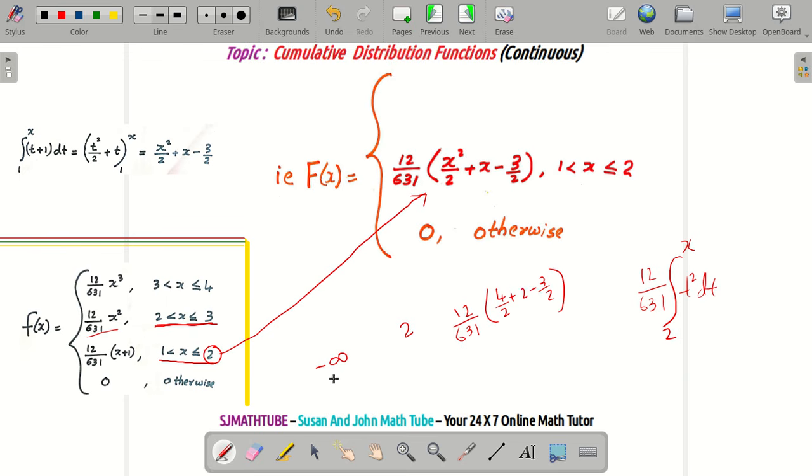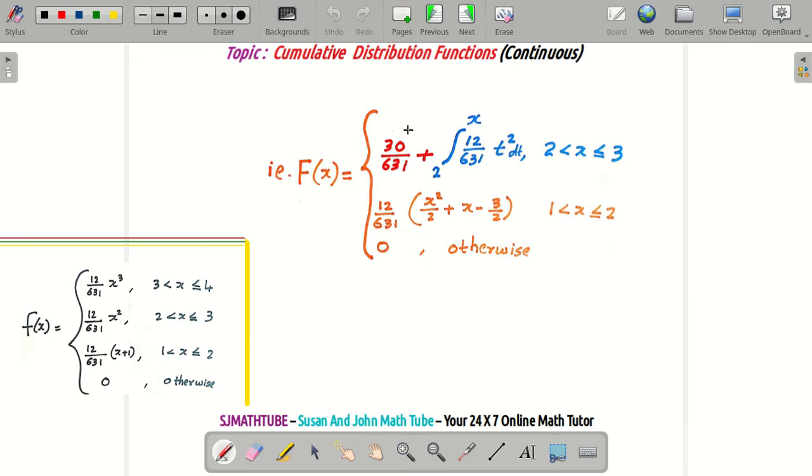So this will give me the sum of the probabilities from minus infinity to 2. And this gives me the sum of the probability from 2 to any number between 2 and 3. So we will add them up. Okay, that's how you got this 30 by 631.